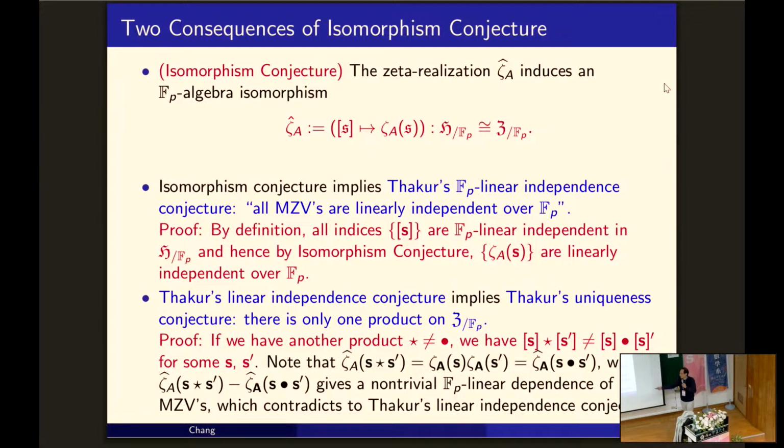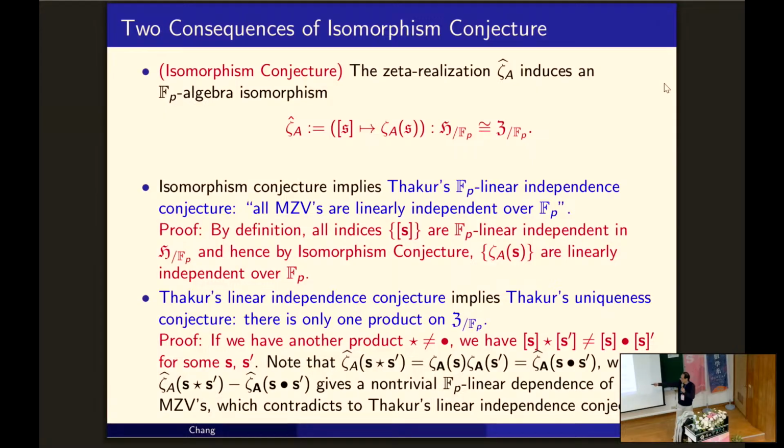Suppose we have another product, which I denote by star, which is not equal to the bullet, the shuffle product. Namely, for some S and S prime, the product of these two indexes is different from the product of these two indexes.